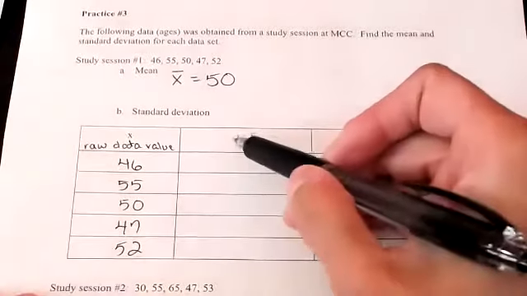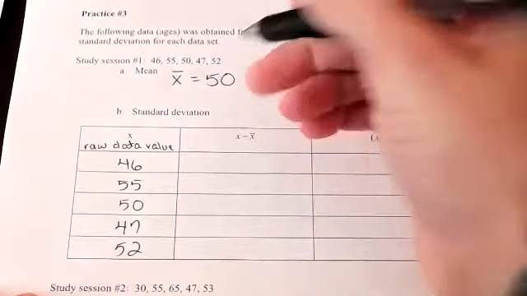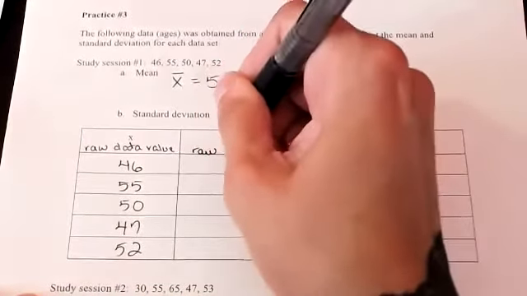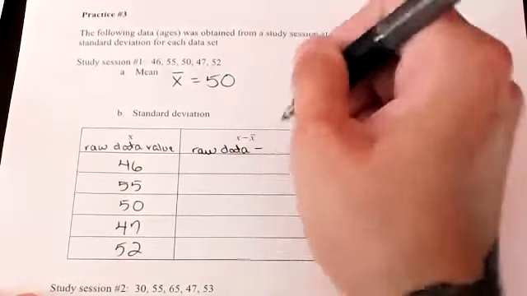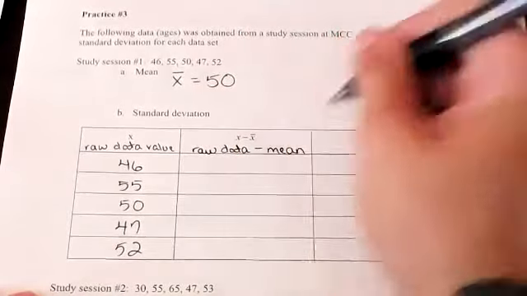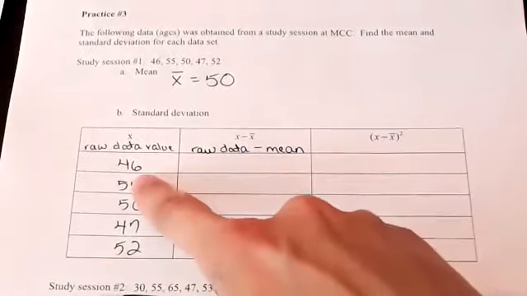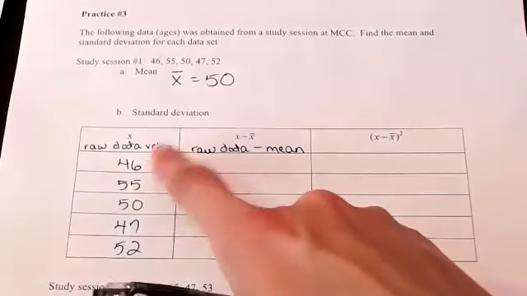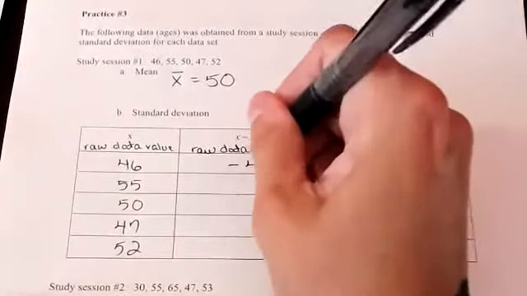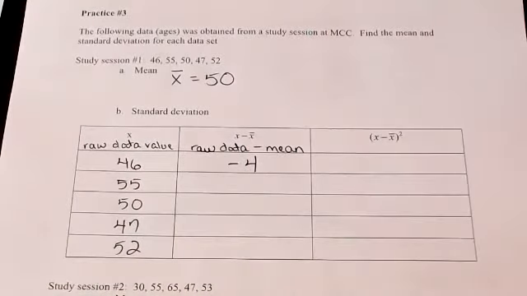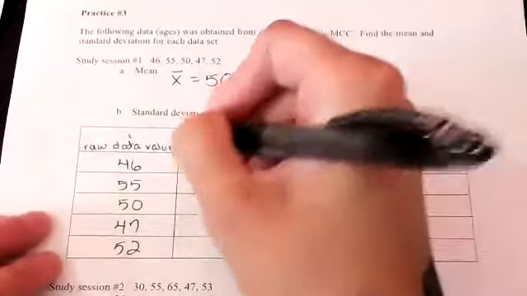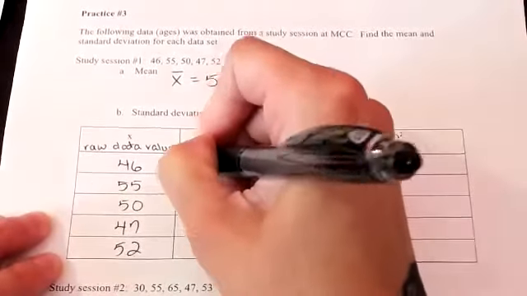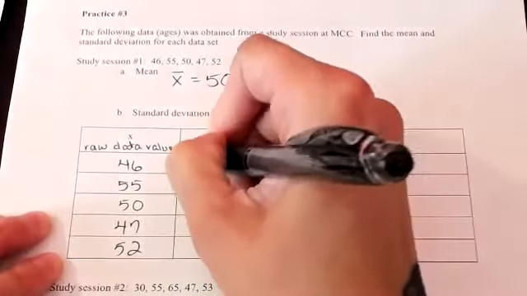Next, we want to do raw data value minus the mean. So for your first one, your raw data value is 46. The mean is 50. 46 minus 50 is a -4. If you want, you could even write down how you got this. You could just do a little 46 minus 50, right?